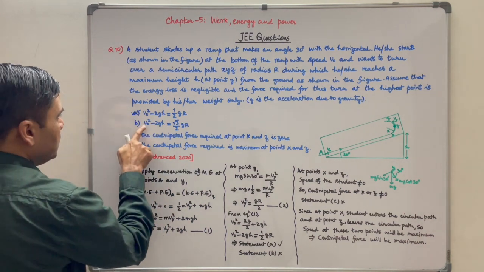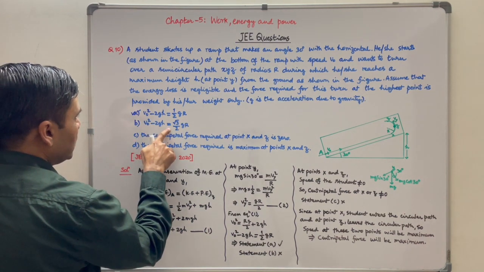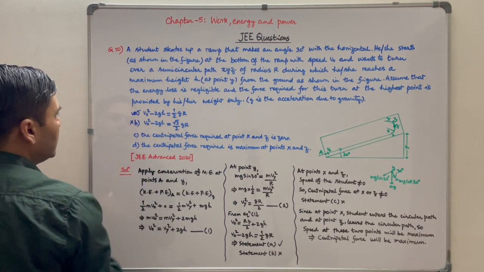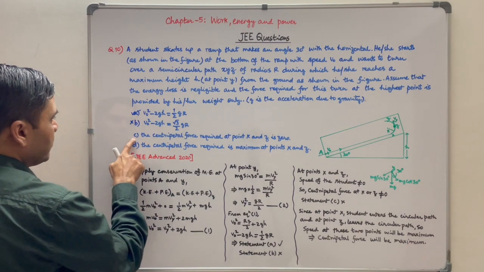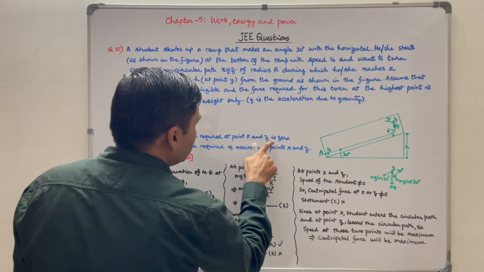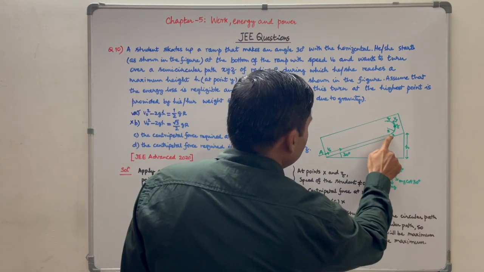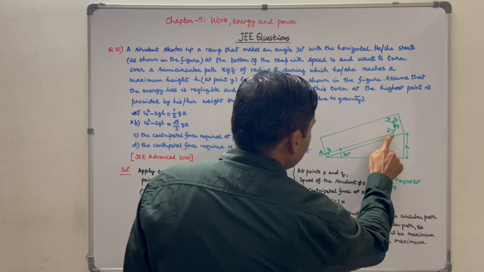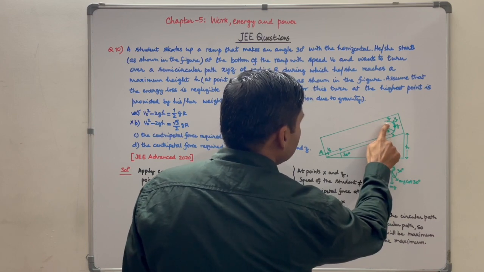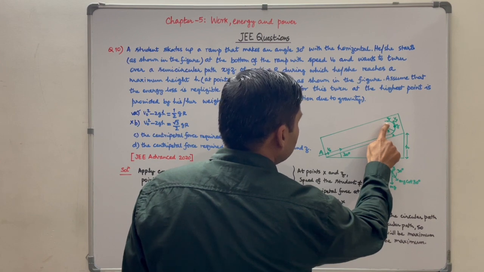Statement B says v0 square minus 2gh is equal to root 3 by 2 gr. So obviously this is incorrect. Let us check statement C. The centripetal force required at points x and z is 0. A student enters the circular path at point x and leaves at z. We know that in a vertical circle, as the height increases, speed of the particle decreases.